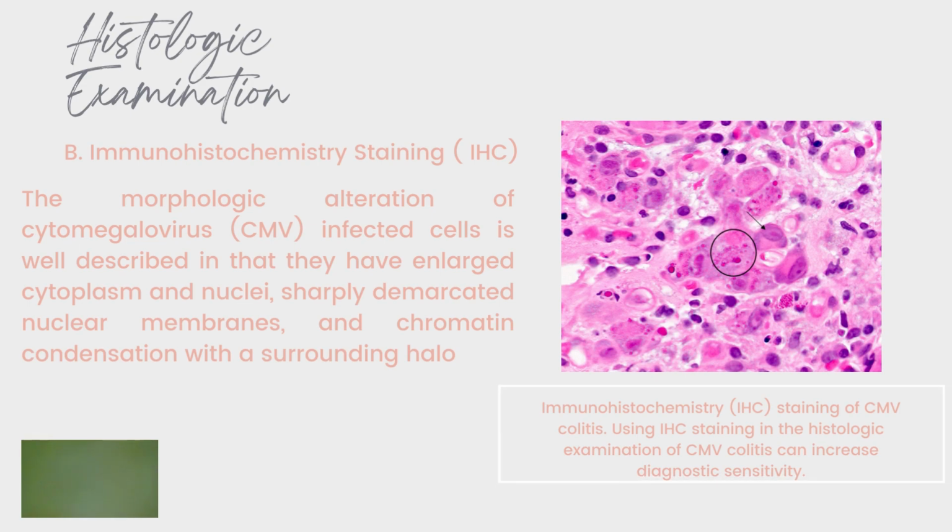In the cases, the data reveal that the physician's requests for immunosuppression, multiple blocks, and severe inflammation were strongly related to positive CMV-IHC detection rate, and these findings provide value in helping the pathologist to manage CMV-IHC testing more efficiently. The infected cells of CMV were also described to have an enlarged cytoplasm and nuclei, sharply demarcated nuclear membranes, and chromatin condensation with a surrounding halo.